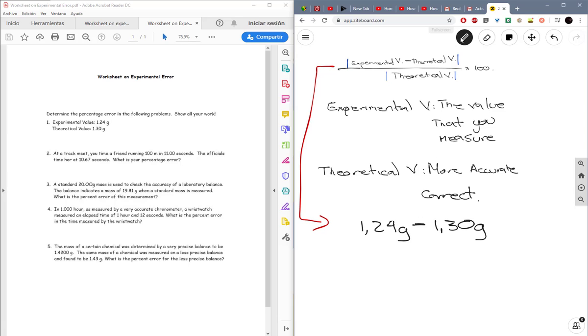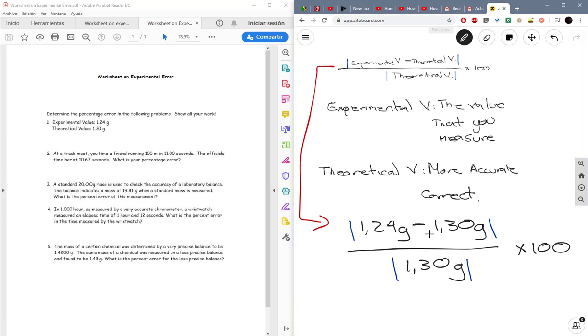Okay, don't forget that after that we have to divide, look, division, a long bar, by the theoretical value, which is 1.30, but let's put the absolute value bars because they are important. Don't forget it, they exist there. And finally we have to multiply by 100.